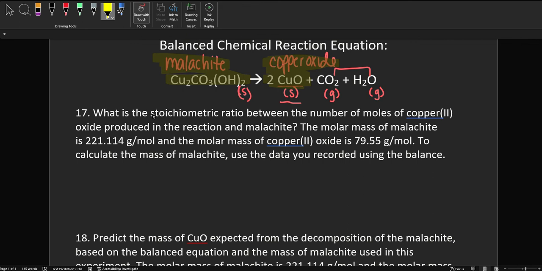That's the ultimate question here. So there are going to be three steps: first, calculating moles of malachite, then calculating moles of copper oxide, and then finding the ratio by dividing the two.